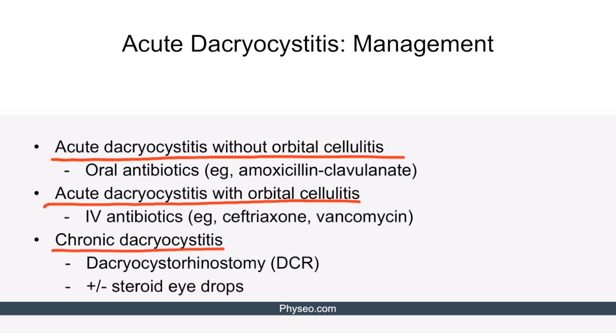Chronic dacryocystitis is usually treated with a surgical procedure called a dacryocystorhinostomy. This is because chronic dacryocystitis is most commonly caused by nasolacrimal duct obstruction. Dacryocystorhinostomy is a procedure which surgically creates a new passage between the lacrimal sac and the nasal cavity, allowing for normal drainage of tears. Additionally, steroid drops can be considered in cases of chronic dacryocystitis.